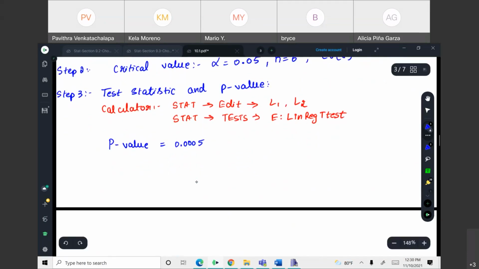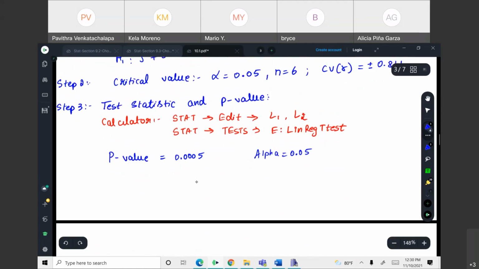Okay, so this is your p-value, and you're going to compare this with alpha. Alpha I gave as 0.05. Now p-value is less than alpha. When p-value is less than alpha, we say reject H naught. That's your initial conclusion, and your final conclusion.